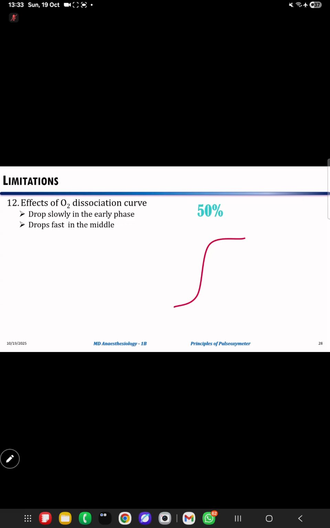That is because of the shape of the oxygen dissociation curve. In the early phase it drops slowly, and later it drops fast. It's not because the desaturation happening in the lung is exaggerated. It's the same process, but it shows very quickly because of this shape.